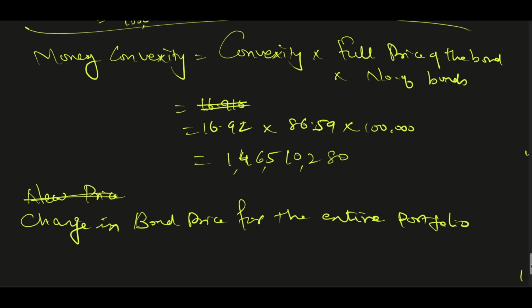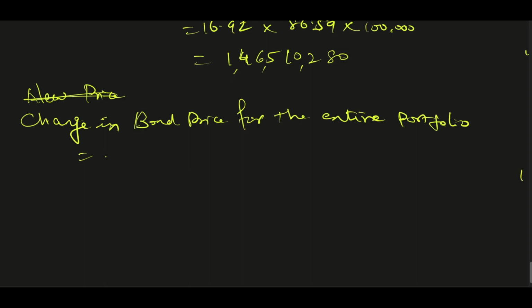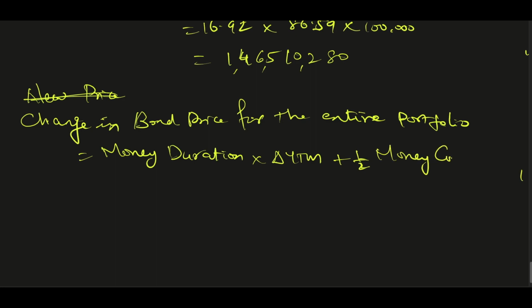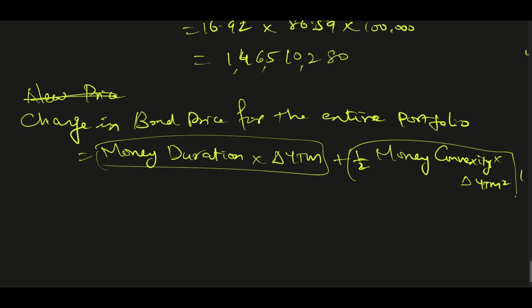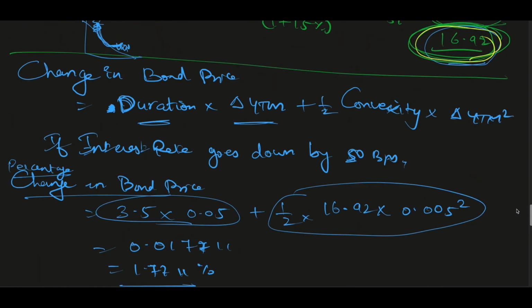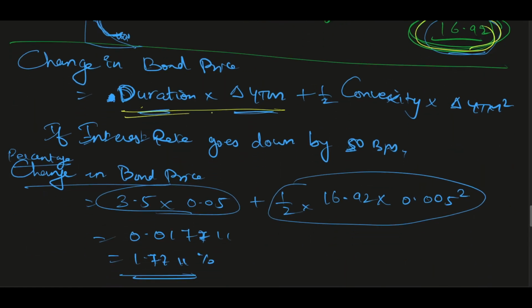It is equal to money duration into delta YTM, plus half of money convexity, total convexity, into delta YTM square. If you notice, this formula is just what I have taken from this part.